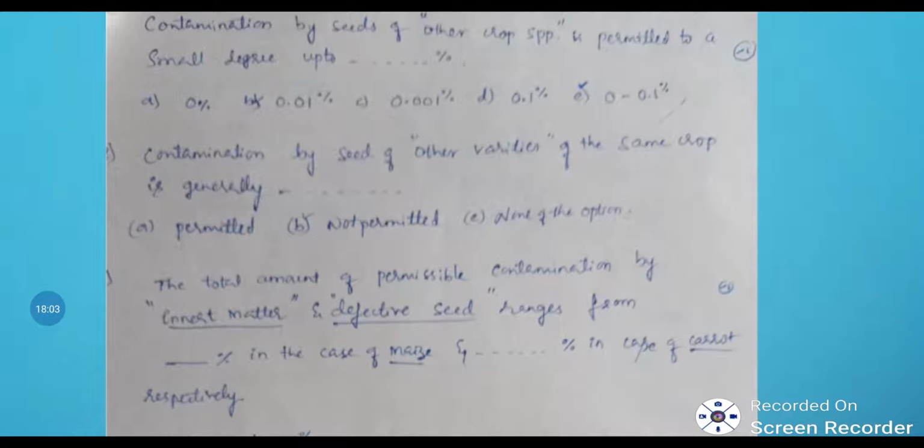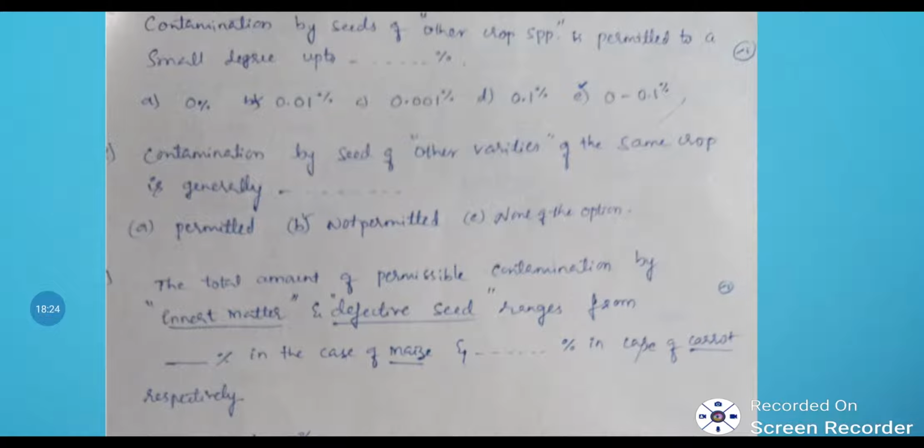Contamination by seeds of other crop species is permitted to the small degree up to dash percentage. Options are 0%, 0.01%, 0.001%, 0.1% and 0 to 0.1%. Here the answer is 0 to 0.1%.